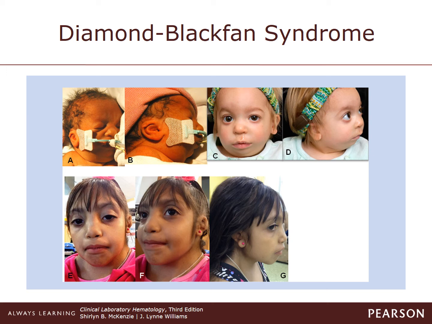It is a rare congenital progressive red cell aplasia occurring in very young children. The symptoms of severe anemia appear in the first year of life, and there is no leukopenia or thrombocytopenia. The inheritance pattern is either autosomal dominant or recessive, and usually caused by an RPS19 gene mutation.